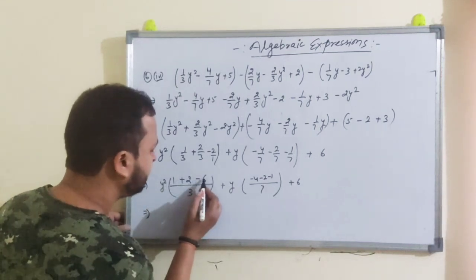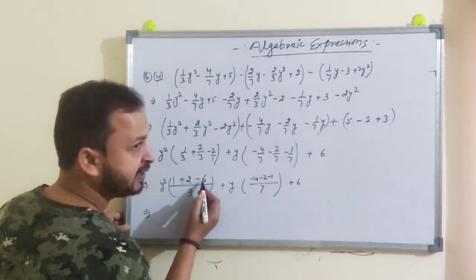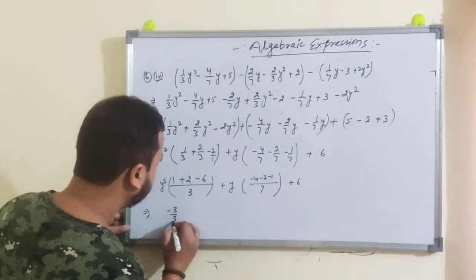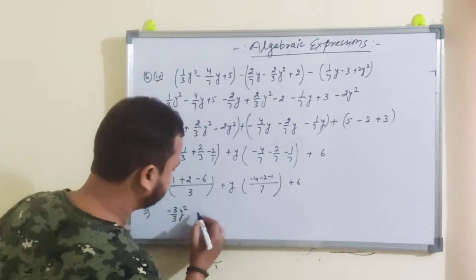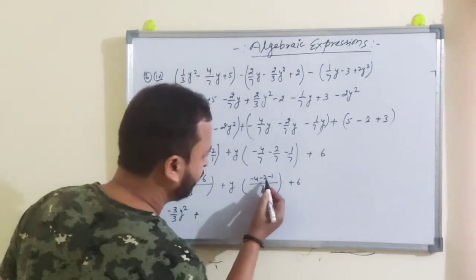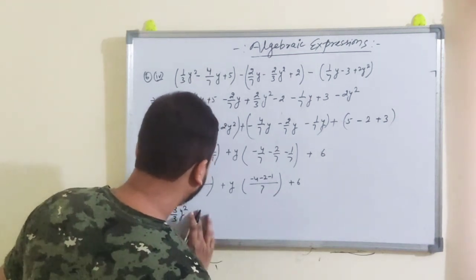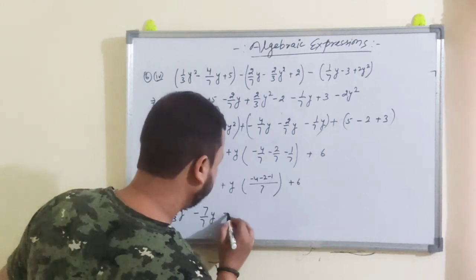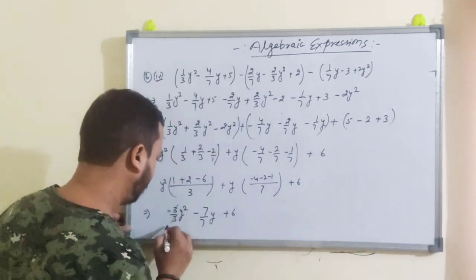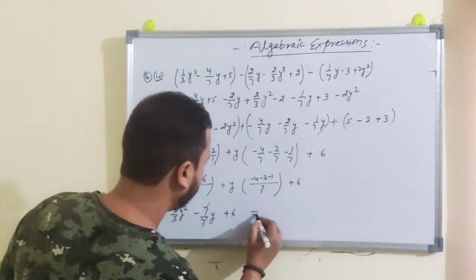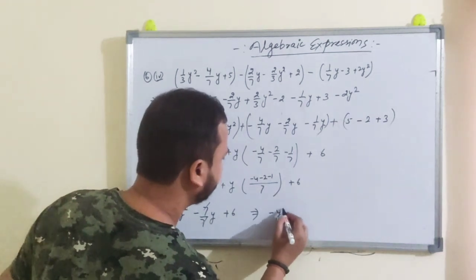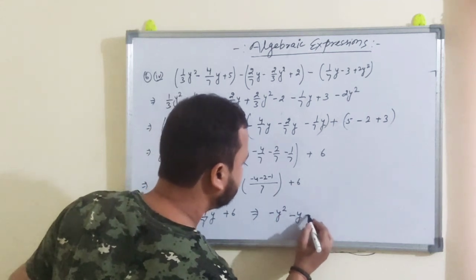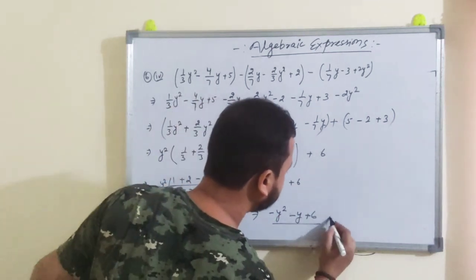So 1, 2, 3, 3 with positive sign, 6 is with negative sign. So minus 3 by 3 y square plus 4 to 6, 1, 7, minus 7 by 7 y plus 6. So you can cancel out these terms and you will get the answer as minus y square minus y plus 6, and this is your answer.